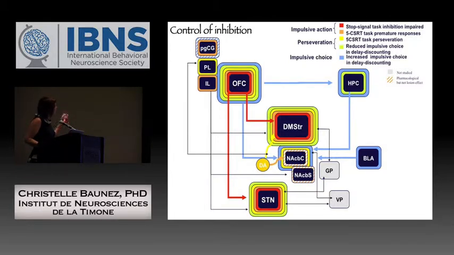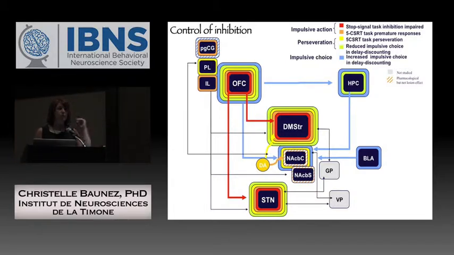The structures highlighted in red are the results in the stop signal task. So when you lesion the orbitofrontal cortex or the dorsal medial striatum or the STN, those rats can't stop. Once they're engaged in producing a response, they have really high difficulties in stopping.